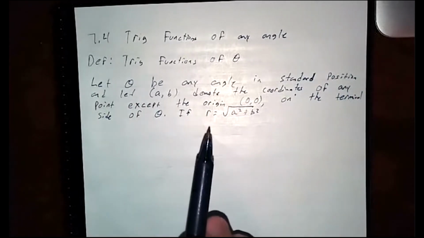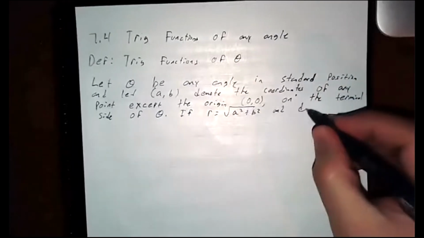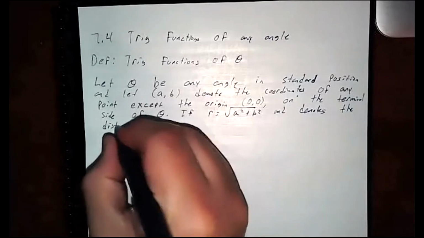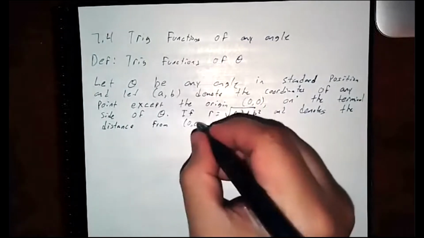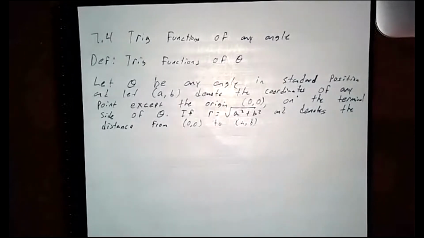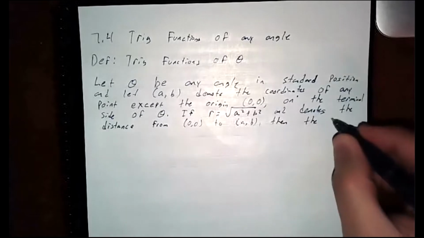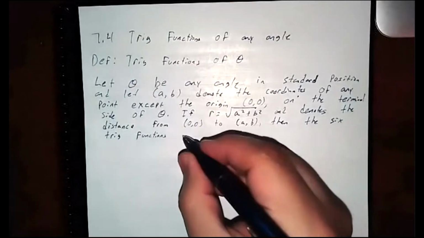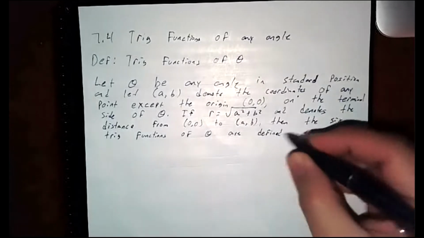So if r denotes the distance from (0, 0) to (a, b), so r is defined as this, and it denotes the distance from (0, 0) to (a, b), then the 6 trig functions of theta are defined as ratios.